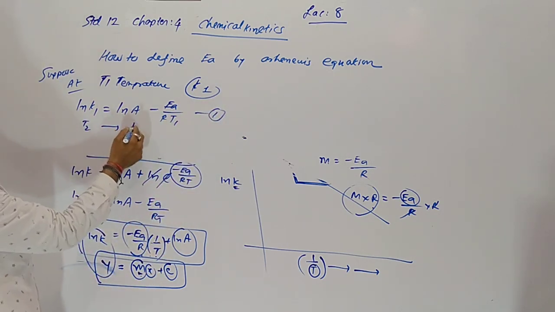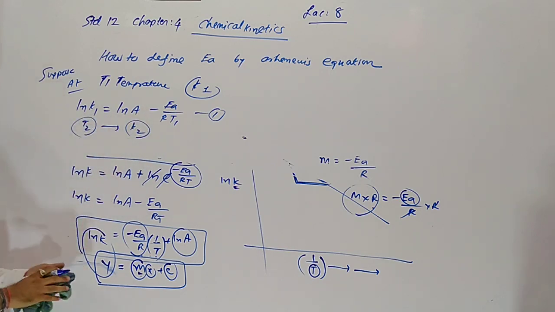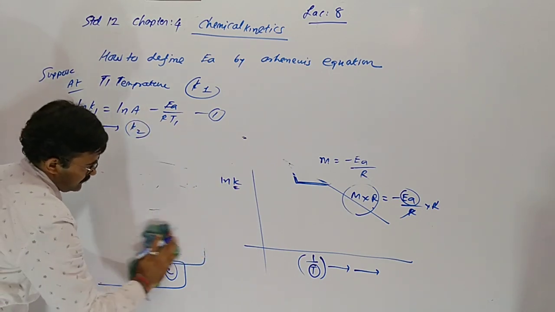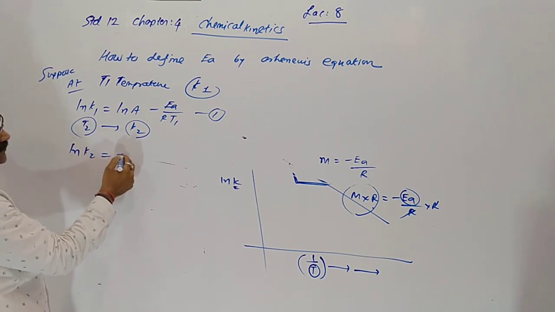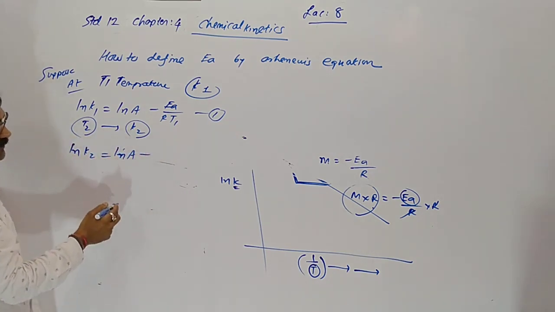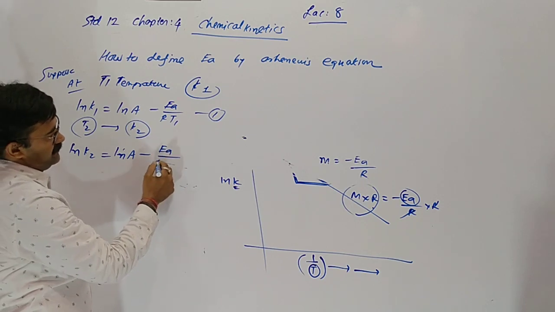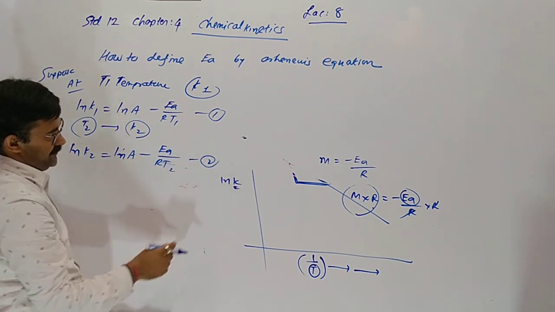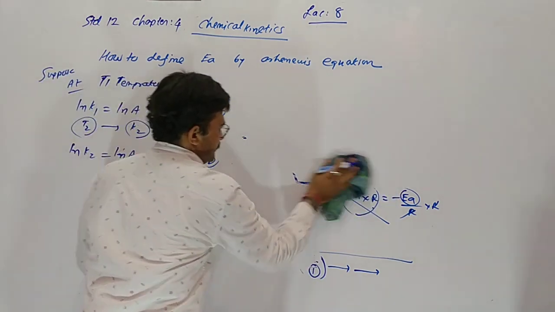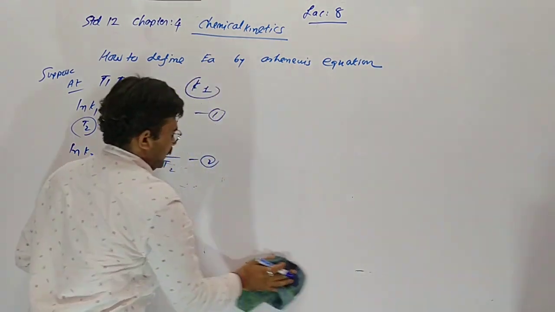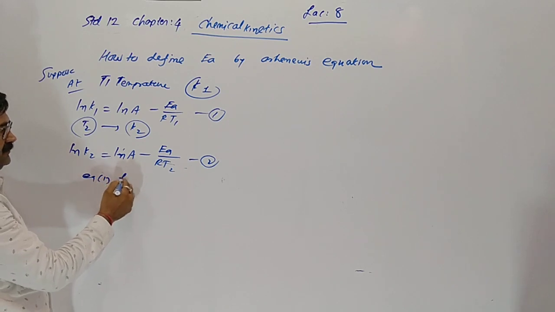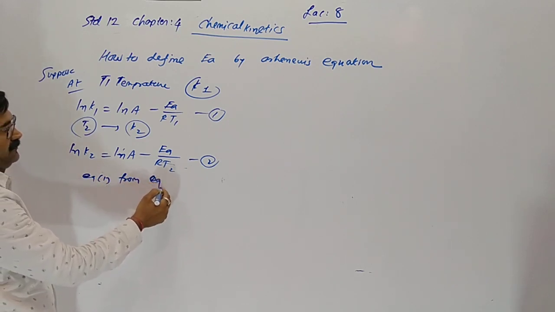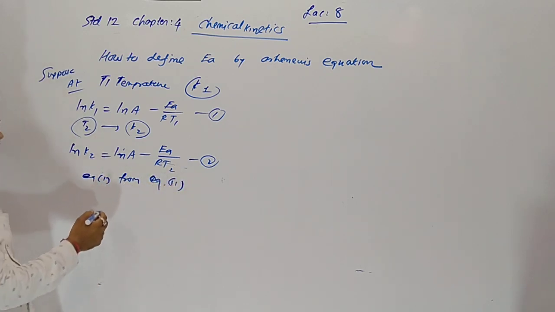At temperature T2, the rate constant is k2. So ln k2 is equal to ln A minus Ea upon RT2, equation 2. Understood? Now we are subtracting equation 1 from equation 2.